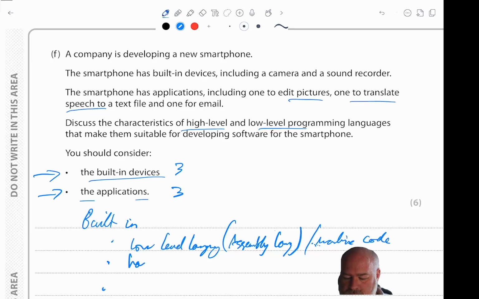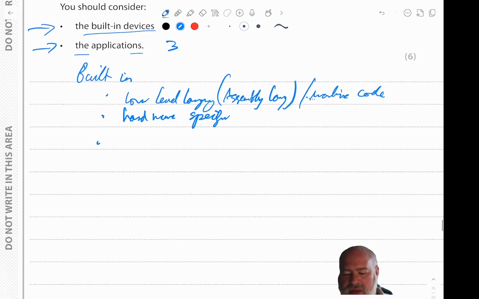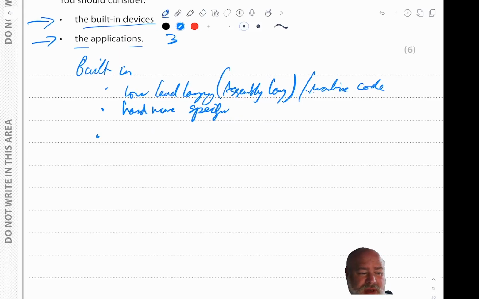So hardware, I'll put hardware specific. So if you've got an iPhone, the camera might be made by Sony, for example, not Apple at all, or it could be a Zeiss lens or something like that. So low-level languages are hardware specific, so you can work more efficiently on a single chip.